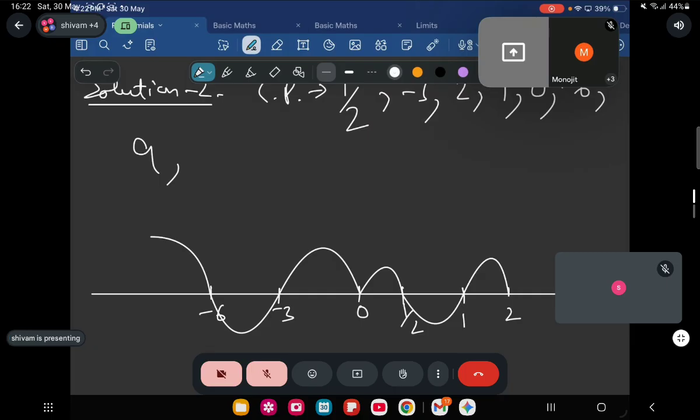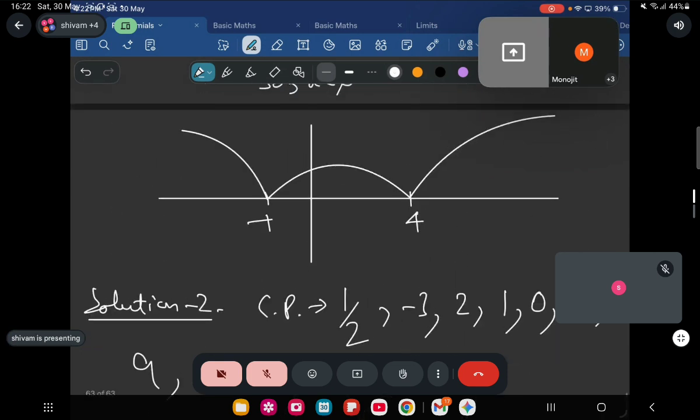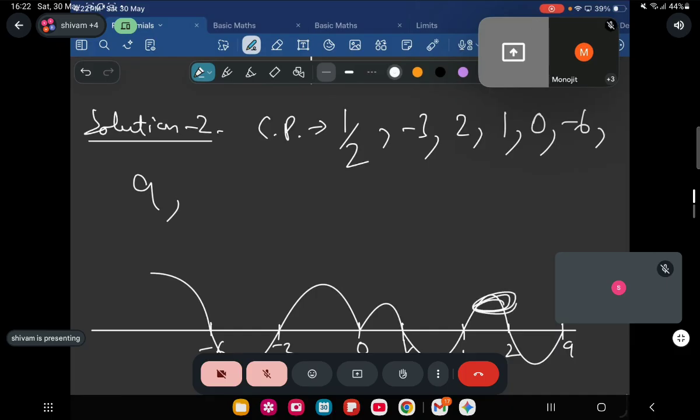Simple. 9 is simple or double? Simple. This is how the graph will look like.